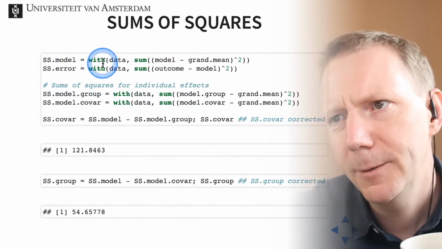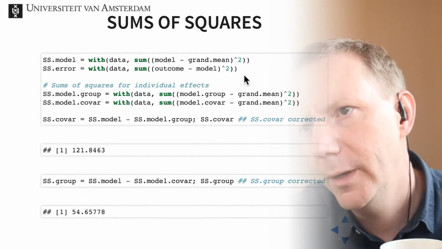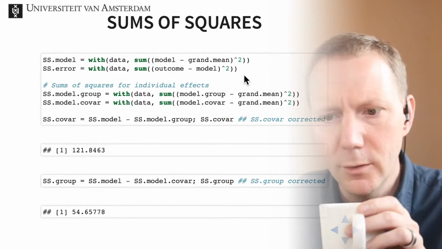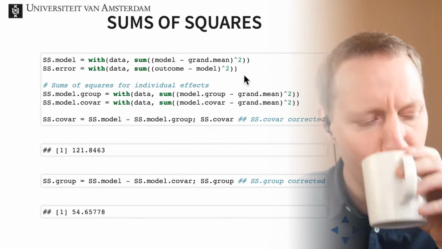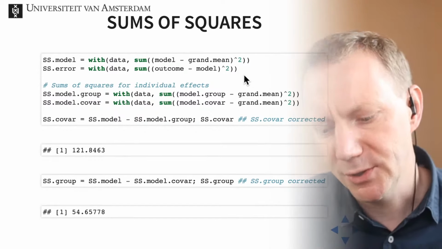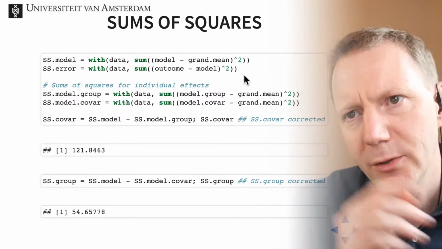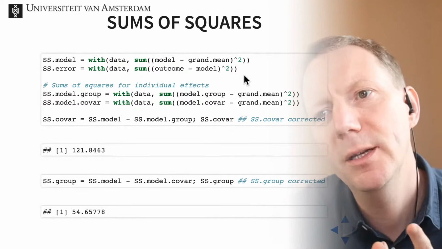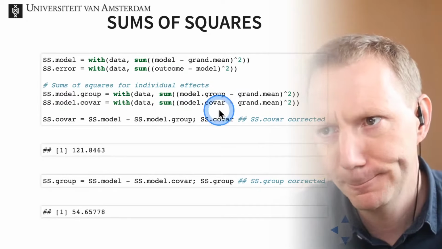And finally, we also need to determine the sums of squares for two specific models, namely first the one with only the groups, and then the one with only the covariate.